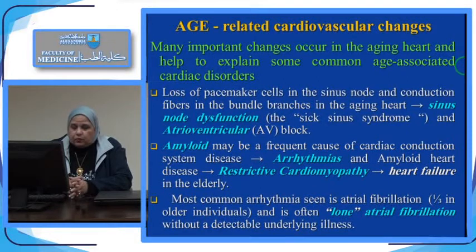And so, what are the common disorders occurring with aging in the cardiovascular system? The common disorders are what is termed cardiovascular syndromes in the elderly, common pathological changes occurring with the progress of age.